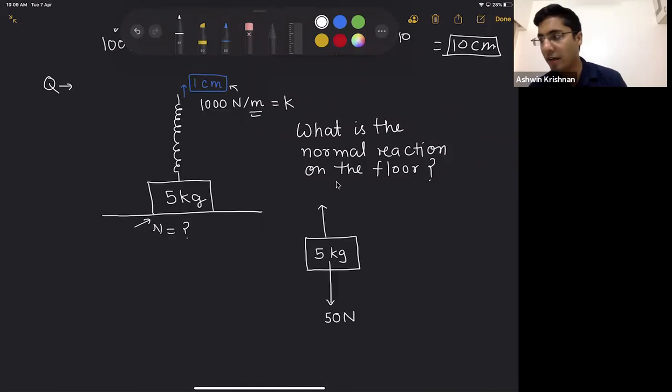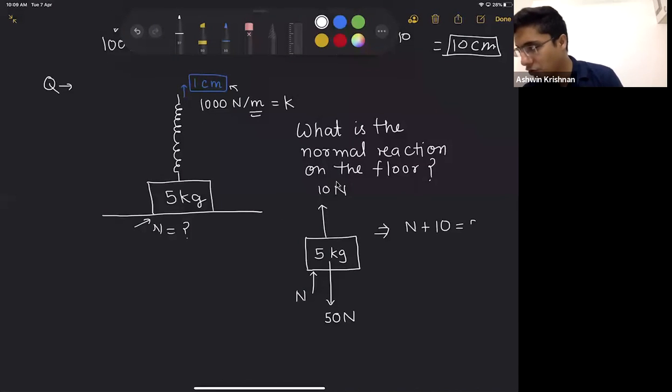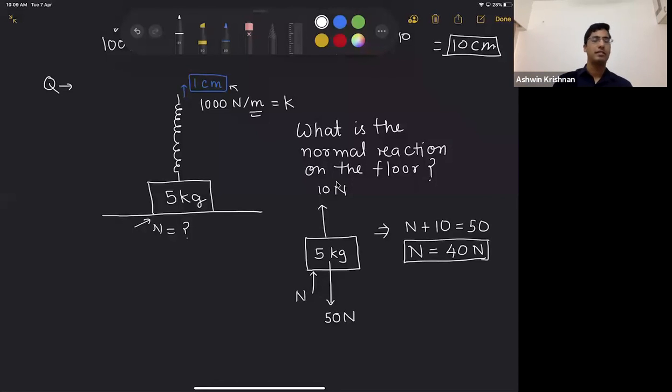So 1000 into 1 by 100 is 10 Newton. And there is N. This basically means N plus 10 has to be 50, which means N is 40 Newton. Okay, that basically is the governing law here.